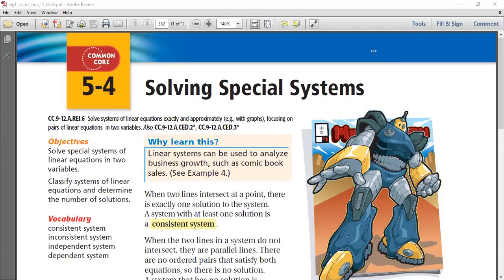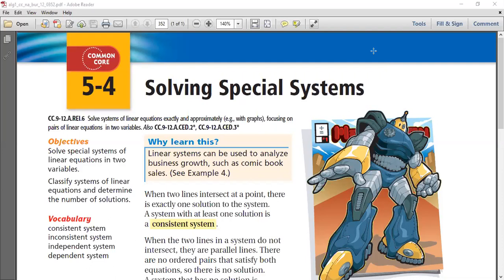Now, in lessons 1, 2 and 3 we just had 2 equations, which we called systems, and then we were solving them, right? But there are some special systems which can have more than one solution.